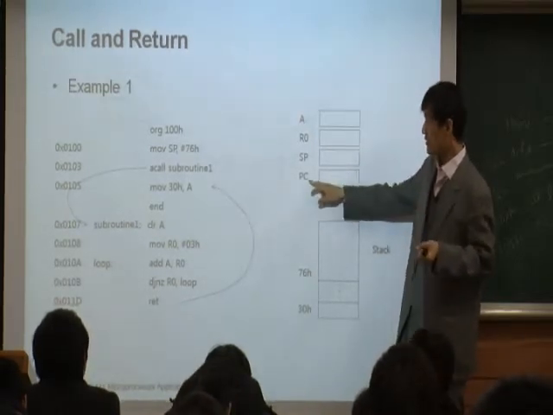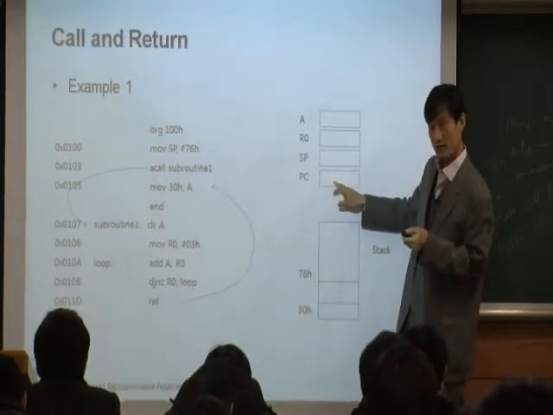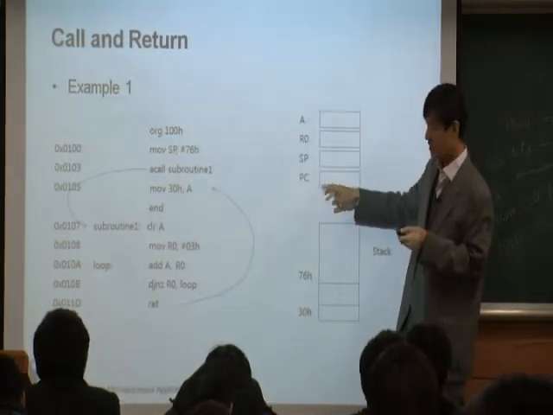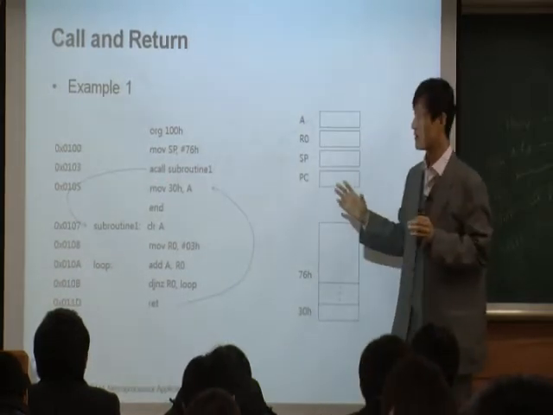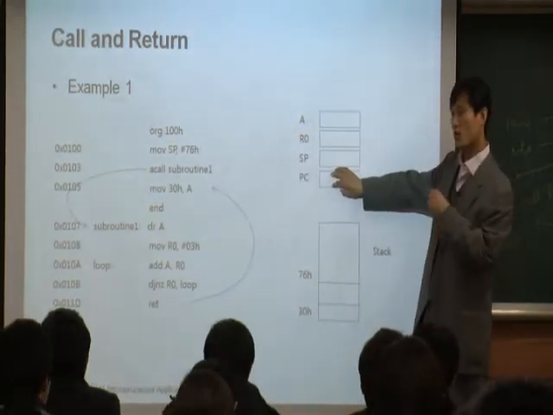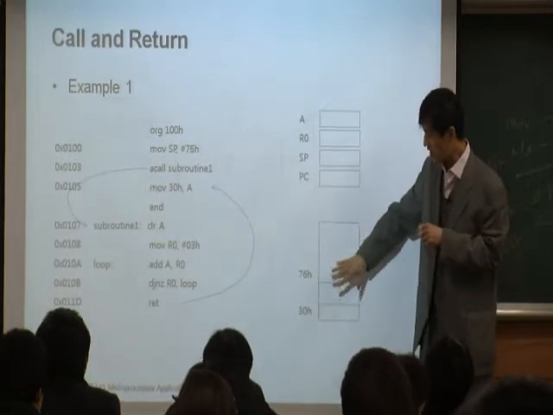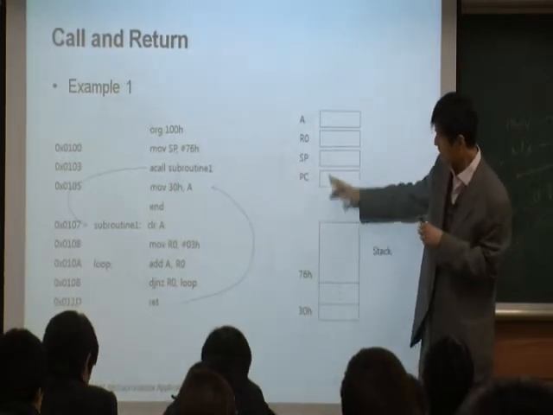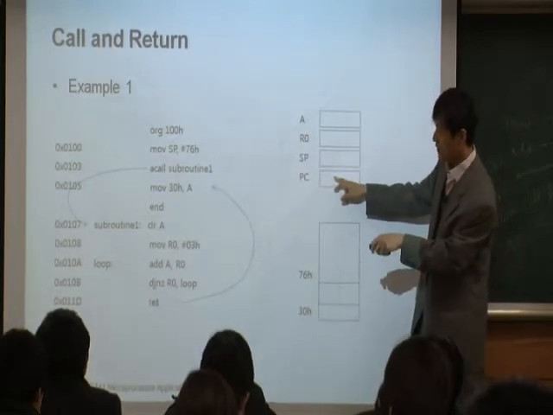And the program counter will also be changed to 107, because this is a call. We have to jump. So that's all that happens when you see this. The original 105 goes here, and those are 2 bytes. Therefore, the stack pointer is incremented to 78, and the program counter now has a new value of 107.